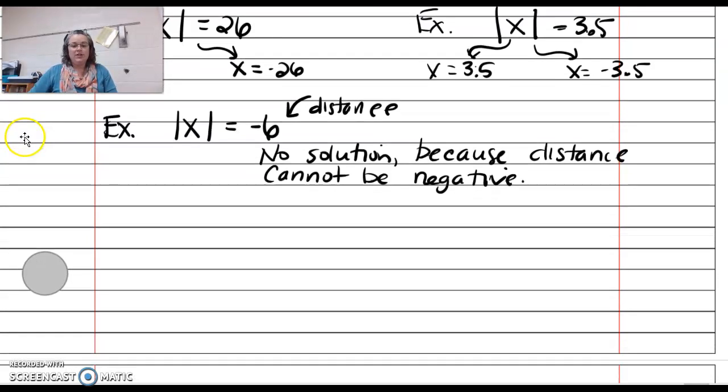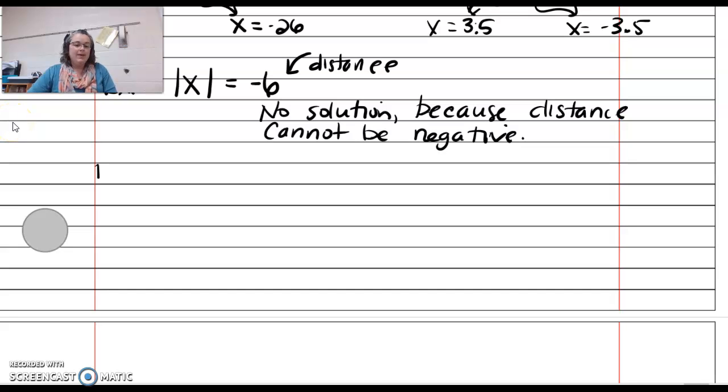Okay, so let's try some trickier ones now. All right, what if I gave you the absolute value of x plus 5 has to be 17? Well, in order to solve this, we know we're going to have two possible solutions. Now, this 5 kind of shifts things over, so we're going to have to work around that 5.